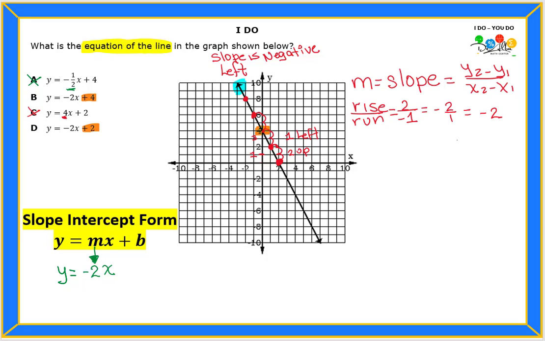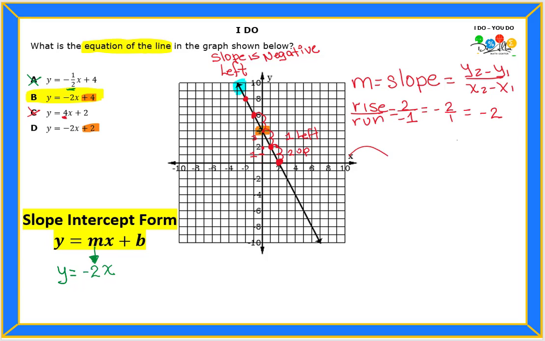I don't see it at the positive 2. So the answer looks more like letter B, right? Agree on that? Okay. We can actually work out the problem to see if the y-intercept is exactly 4. Remember that in this case, I can see that it cannot be 2 as the y-intercept because 2 is here on the bottom.